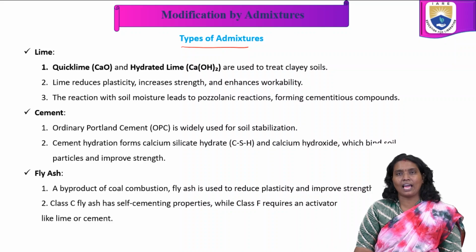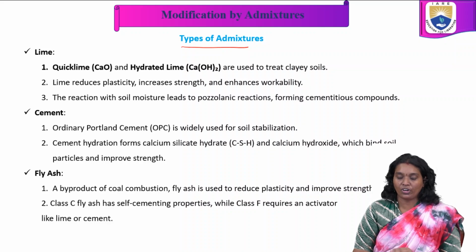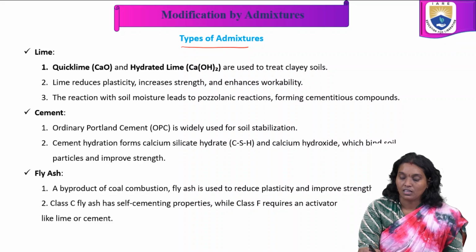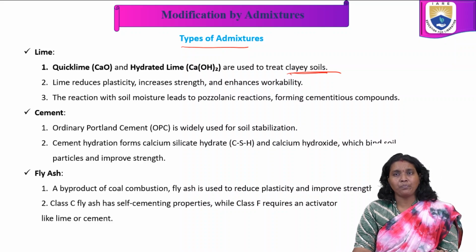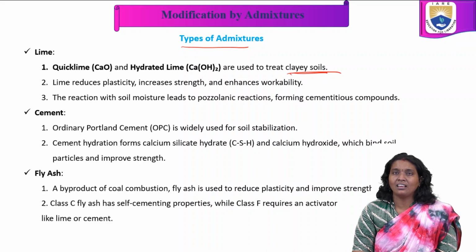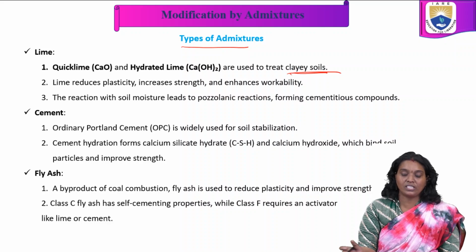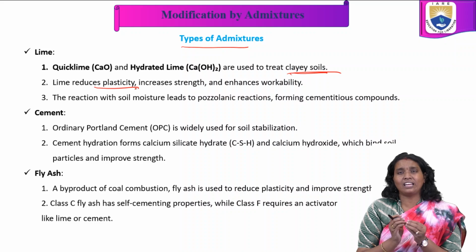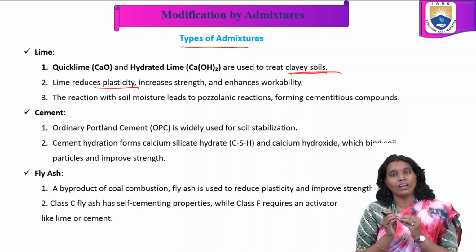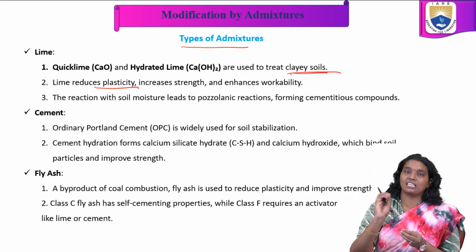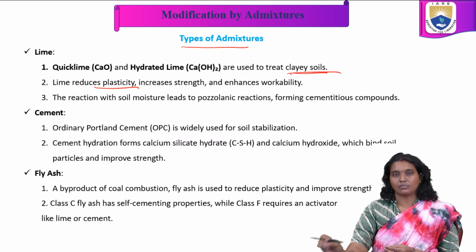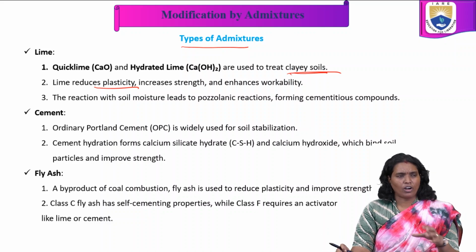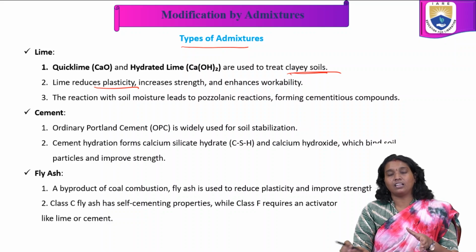The first one is lime. Quick lime and hydrated lime are used to treat clayey soils. For clayey soils, we have to understand this quick lime as well as the hydrated lime. This lime reduces the plasticity. Once the plasticity in the soil reduces, it increases the strength and enhances the workability of the concrete, whenever we are adding that soil.